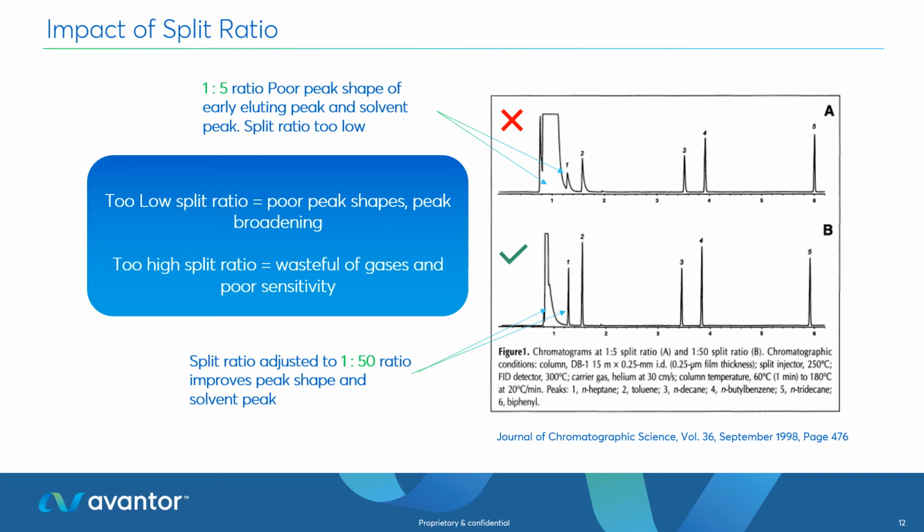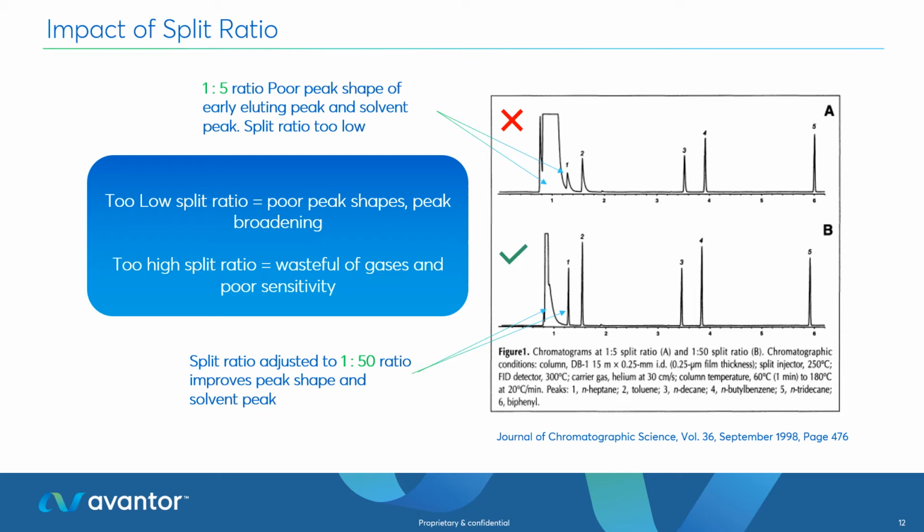I talked about a split injection, and it's important to be aware of the impact that changing the split ratio can have in terms of the performance of the chromatography. So here we've got a couple of examples where we're looking at a low split ratio and also a high split ratio. On the top diagram we can see what happens with a low split ratio, a ratio of 1 to 5.